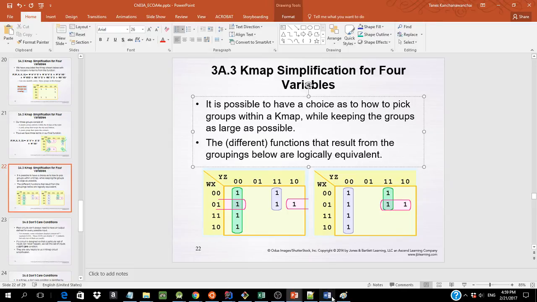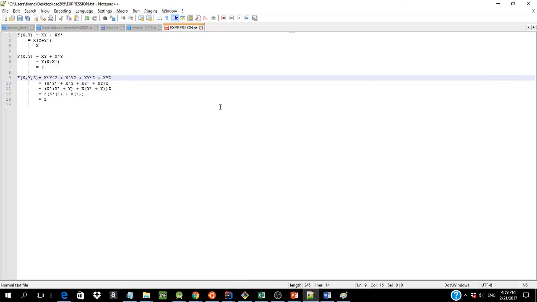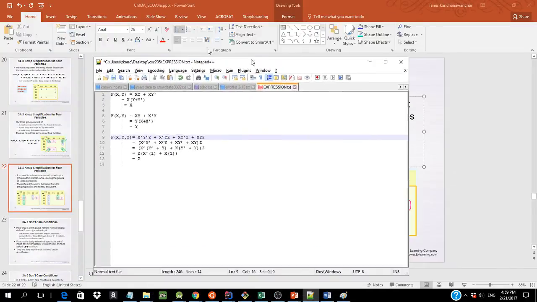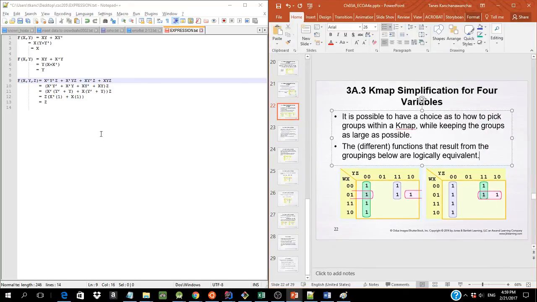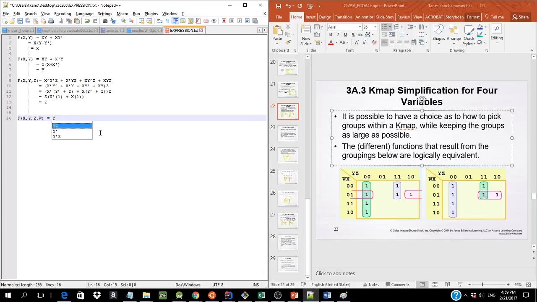So let's try to write the expression for this too. So what should be the first one? This is x, y, z, and w, right? So in common, like we see, the green is y naught and z naught, right?